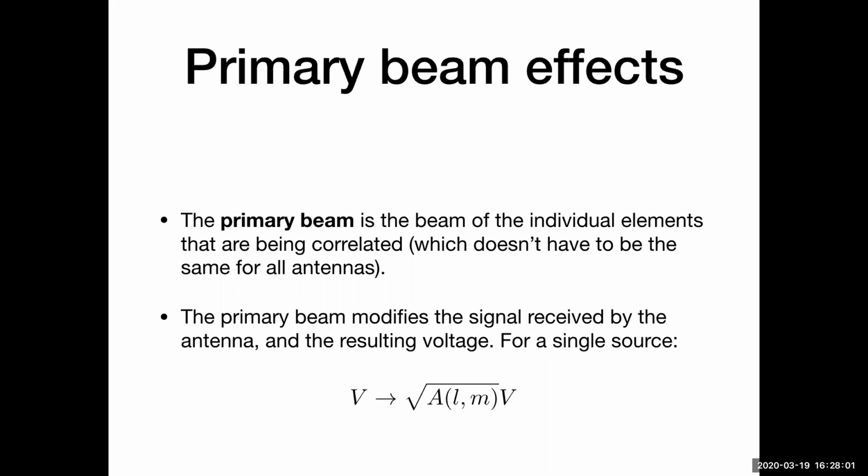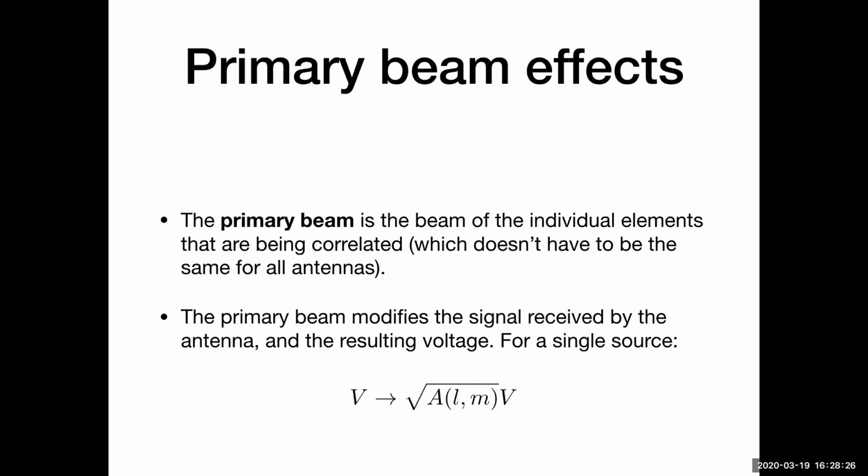And it has the effect of modifying the signal seen by your antenna effectively. It adds directional sensitivity, because in the previous derivation, I had just assumed you could integrate over the whole sky without any problems. So this basically adds your directional sensitivity.